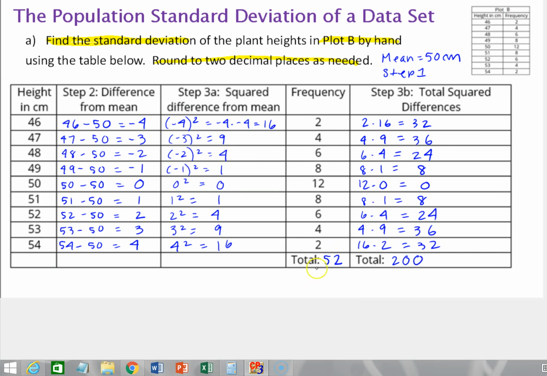Now once we find these totals, we're going to make our final computation, which we need to do on the calculator in one step. So our population standard deviation is equal to the square root of the total sum of squared differences, which is 200, divided by the number of data points, which is 52.